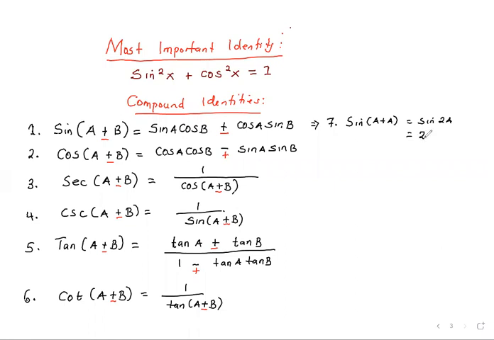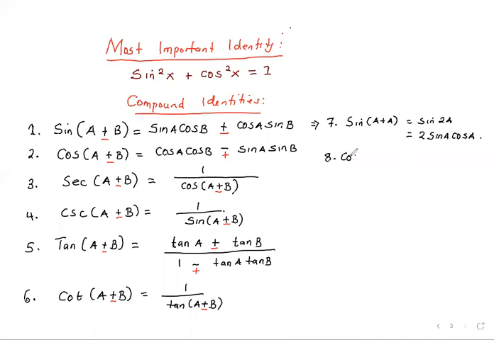So we're just going to have 2 sine A cos A. You could see also that if it was minus, you get 0, so there's nothing.